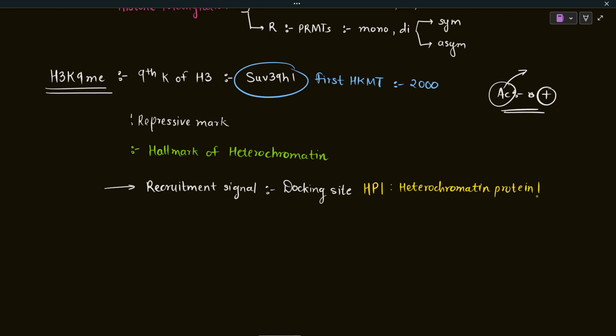This heterochromatin protein 1 is able to bind to H3 if it is methylated at the ninth residue.